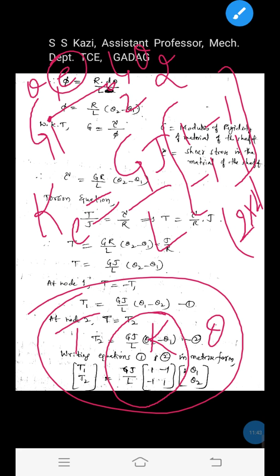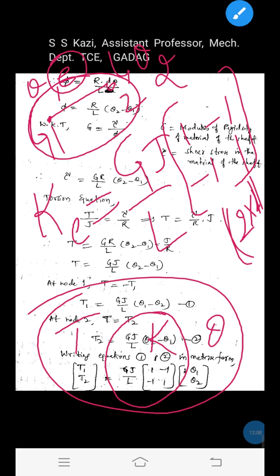There is only one unknown to be calculated at each node of the shaft element which is subjected to torsion or twisting load. Hence at each node there is only one unknown, that is angle of twist. Hence there are totally two unknowns for a single element having two nodes. Then the order of the torsional stiffness matrix for the shaft element is 2 cross 2.